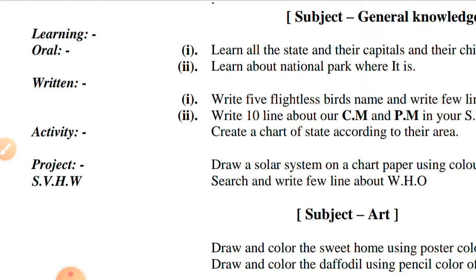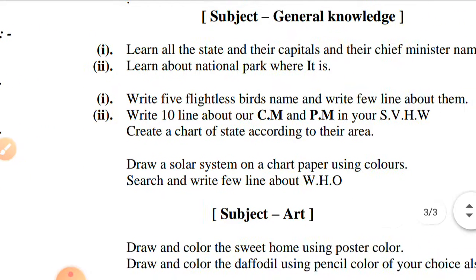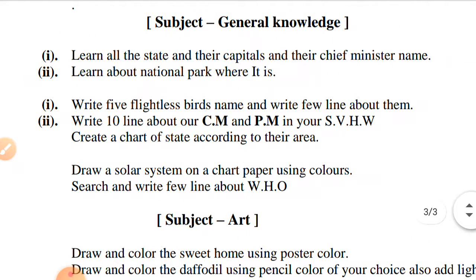In learning oral, you have to learn all the state and their capitals and their chief minister's name. Okay. And in this second point is you have to learn all national park and where it is situated.